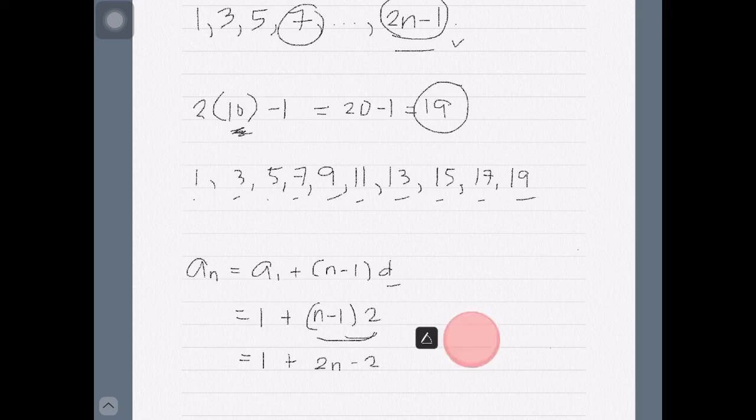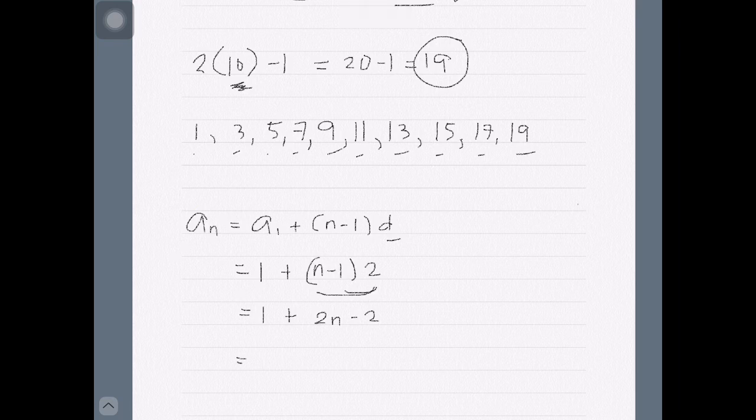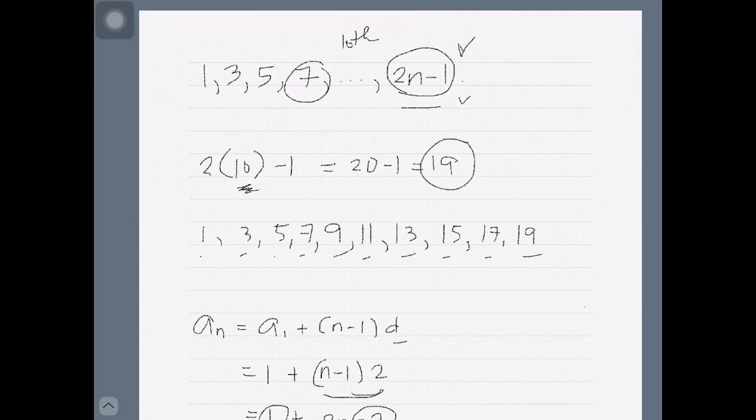Now let's combine like terms, so we have 1 minus 2 is a negative 1, and we're left with 2n here. There you go. That's why it really works for 2n minus 1.